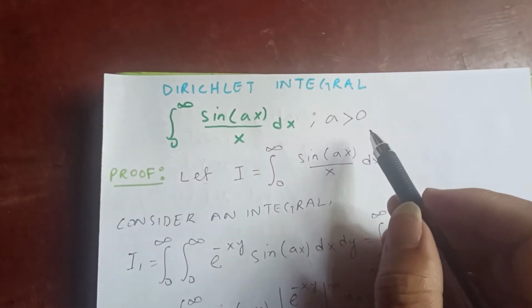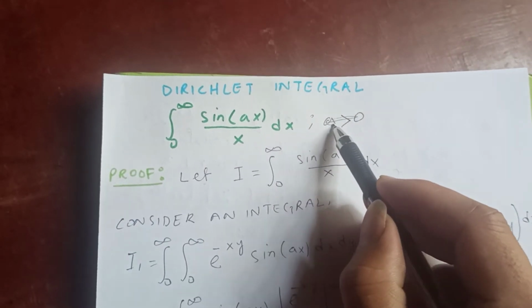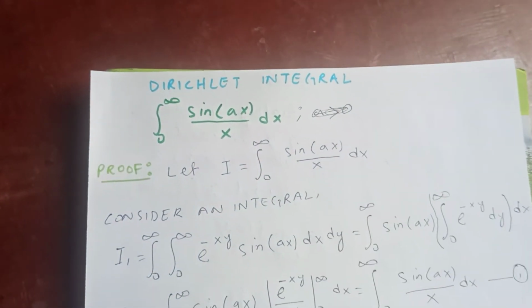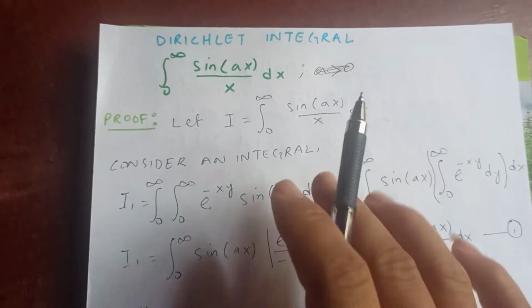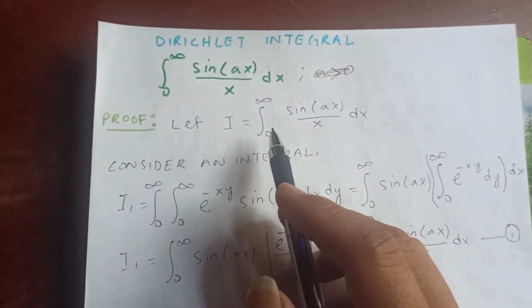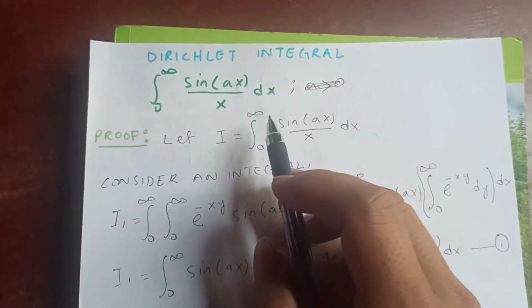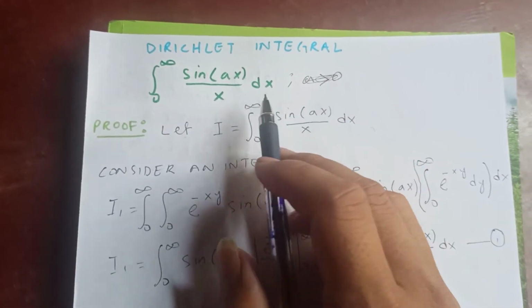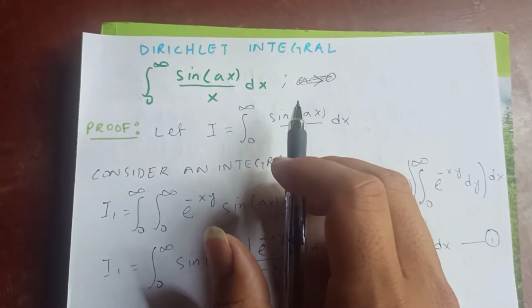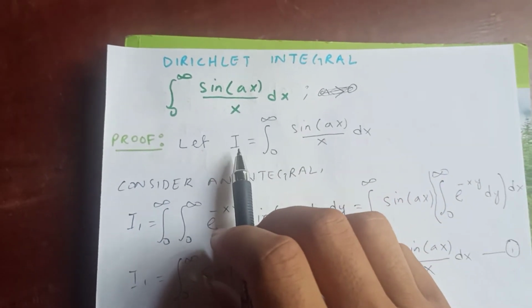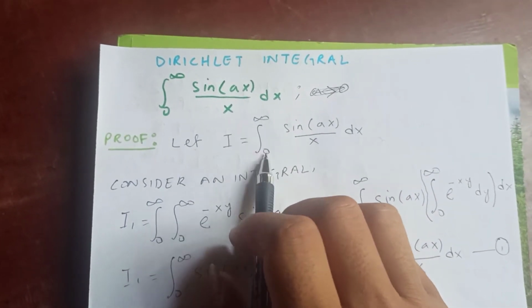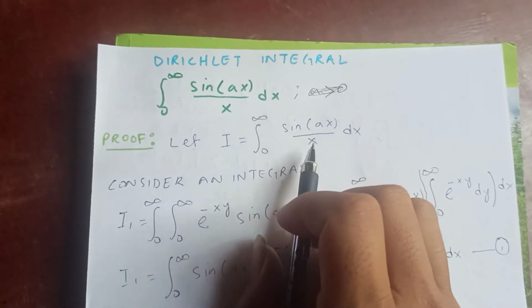Let's state our condition at the end. If a is greater than 0, then you get some value. If a is negative, then you get some value. If a is 0, then sine of 0 is 0, right? Now let our integral be I, which is the integral from 0 to infinity of sin ax upon x dx.